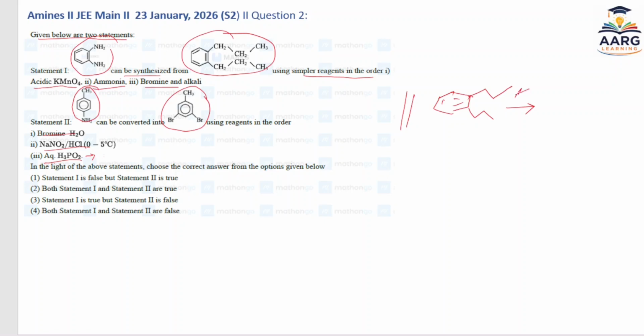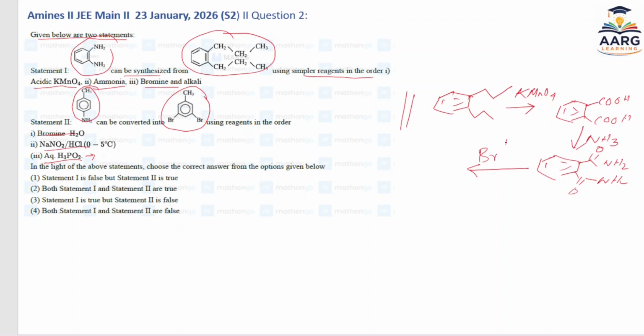Reaction with acidic KMnO4 gives a dicarboxylic acid, which on treatment with ammonia gives an amide, or diamide, and this diamide on Hofmann degradation reaction, which is bromine and KOH, converts amide to amine. This is a well-known reaction.